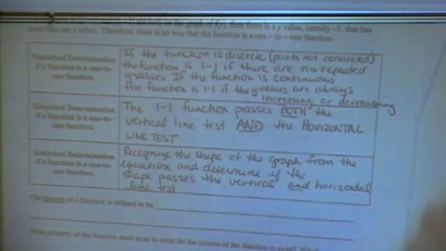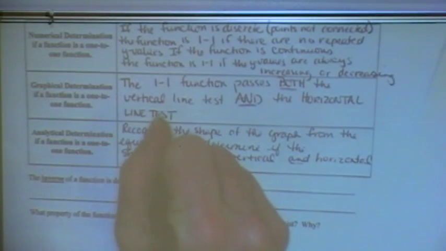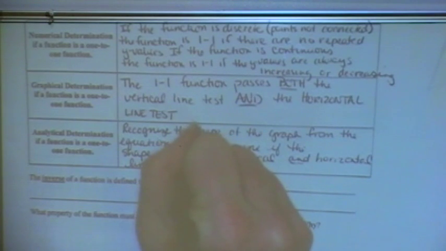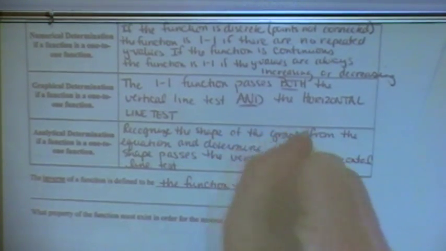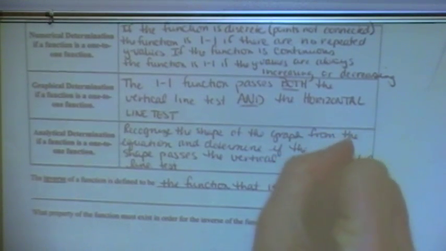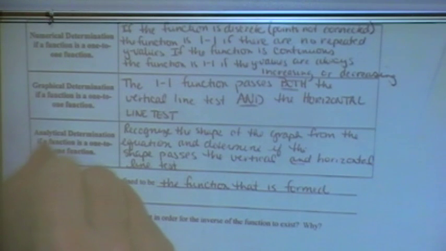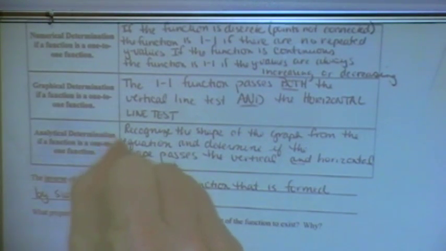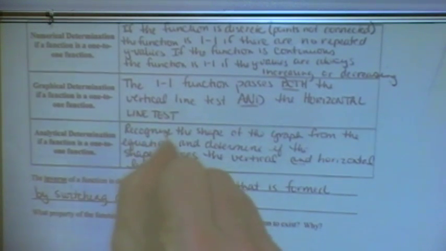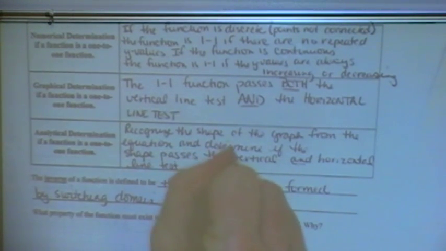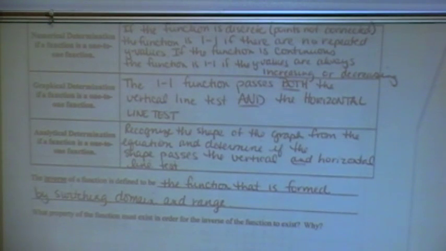All right, so the inverse of a function, which we did do inverses, is defined to be the function that's formed when we switch the domain and the range.